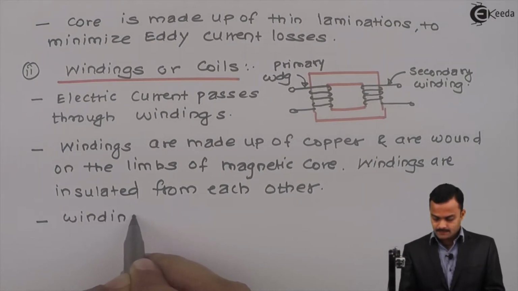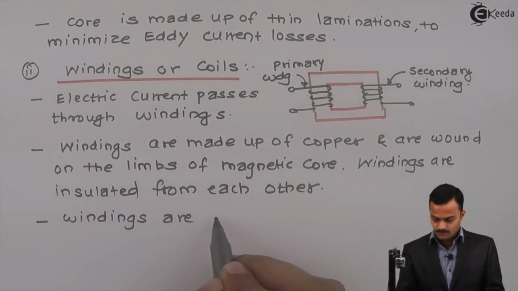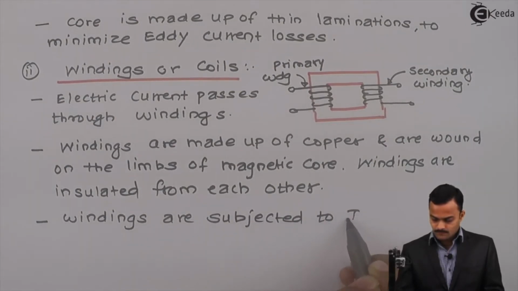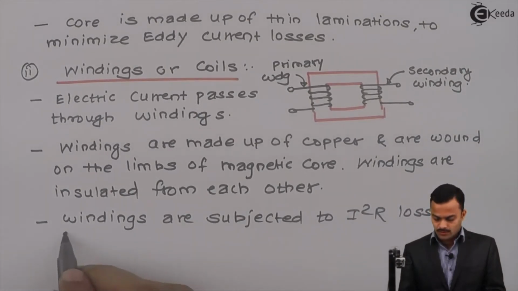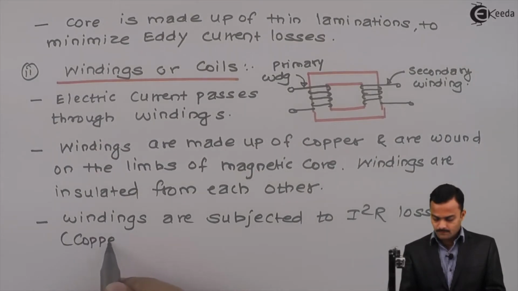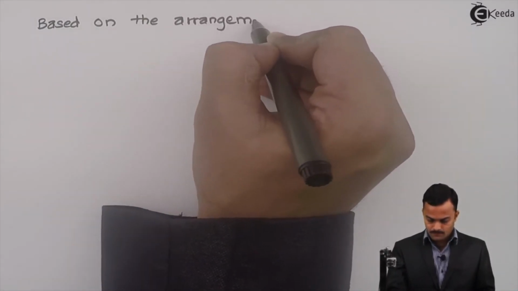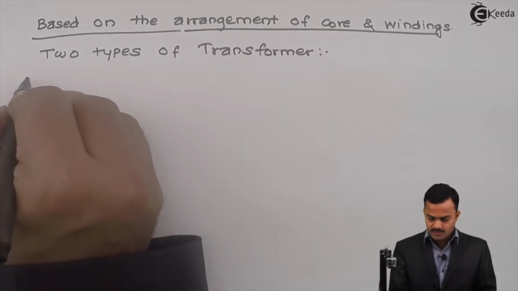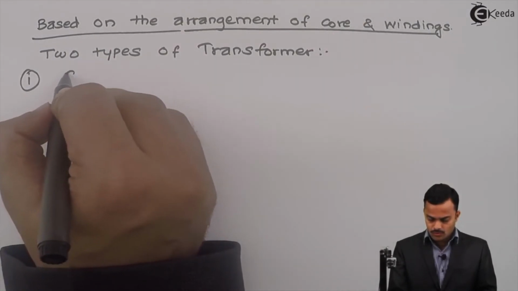So windings are subjected to I square R losses, which are also called as copper losses. So based on the arrangement of core and windings, we have two types of transformer. So first type is core type of transformer.